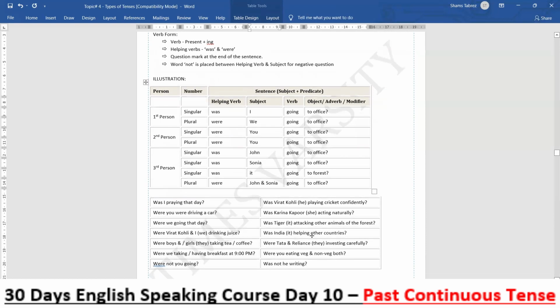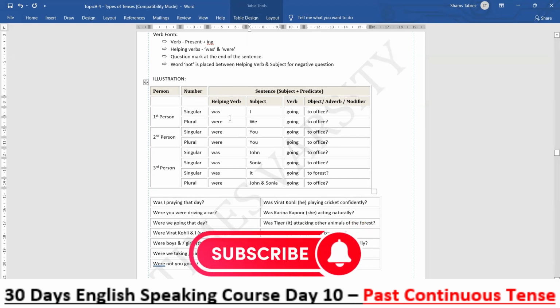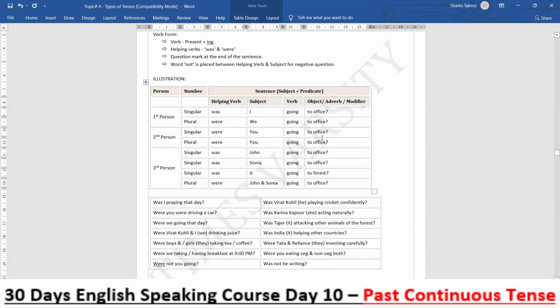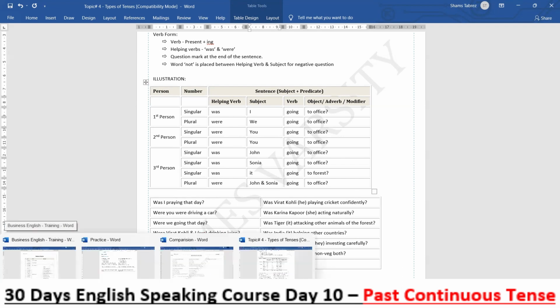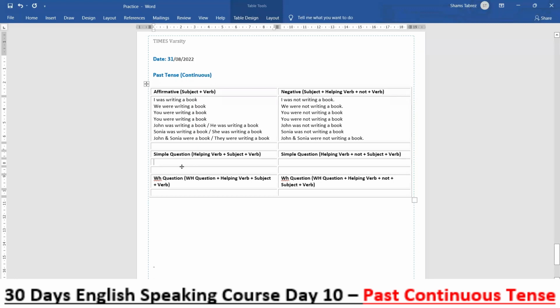Now, like, was Virat Kohli playing cricket confidently? Similarly, was Kareena Kapoor acting natural? Let's make some sentences with this rule: helping verb, subject, verb, and the rest of the words. Anyone, by using the verb write, we would like to make sentences.